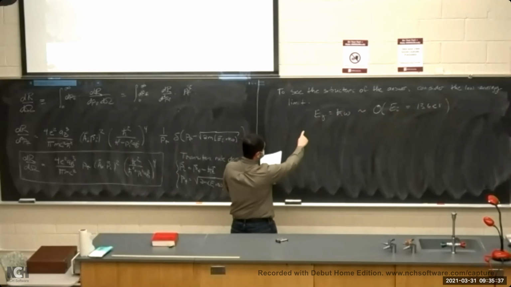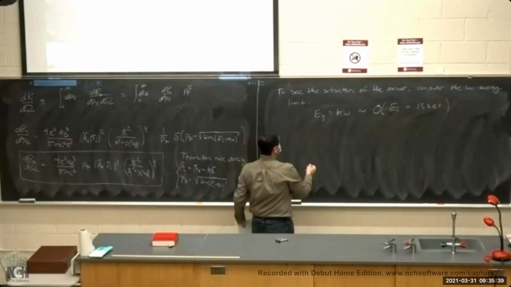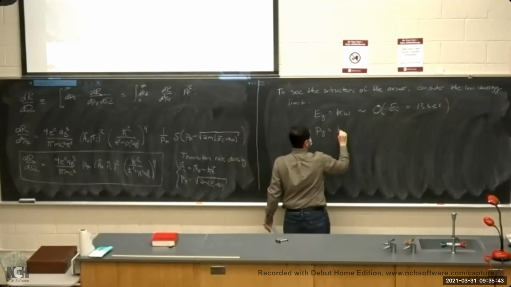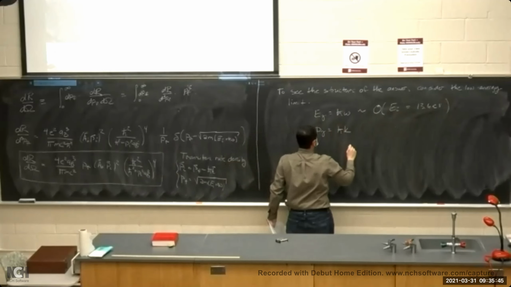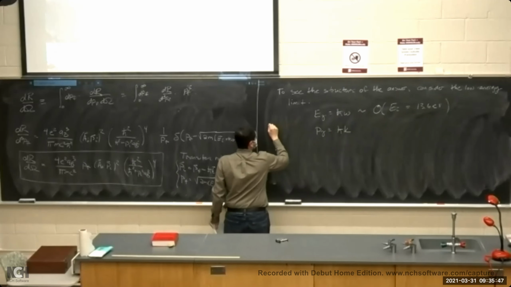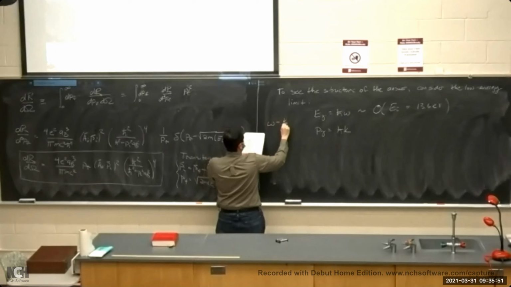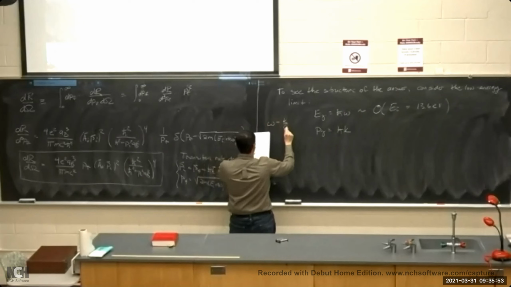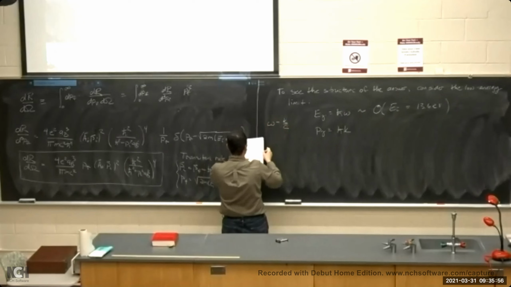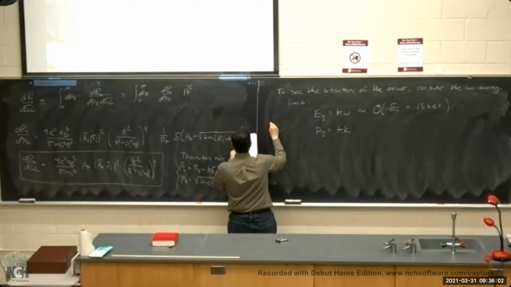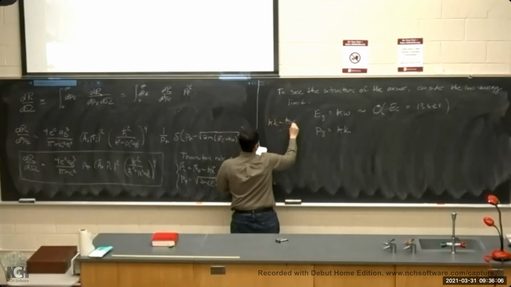So if the energy is something on that order, then we can figure out what the photon momentum is. The photon momentum is ħk. And for the photon, ω is kc, so k is ω over c, and ħk is ħω over c.